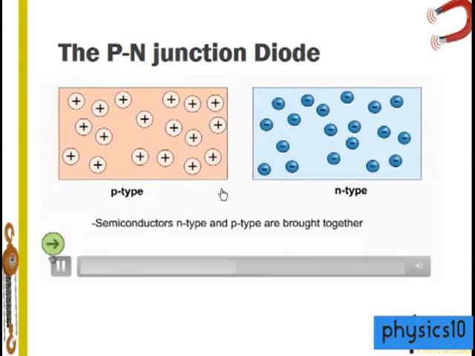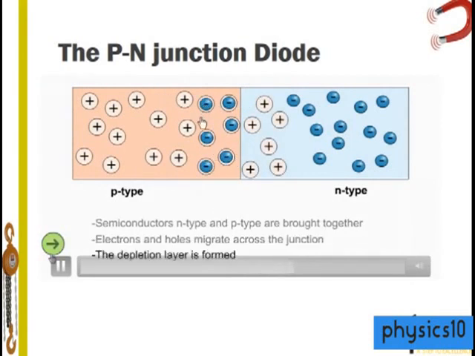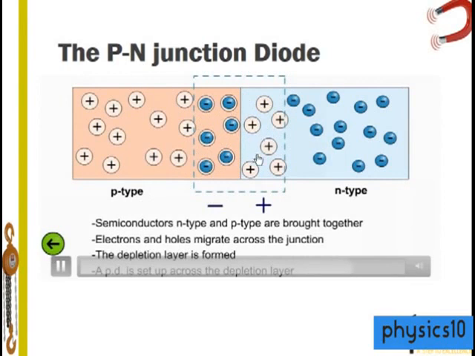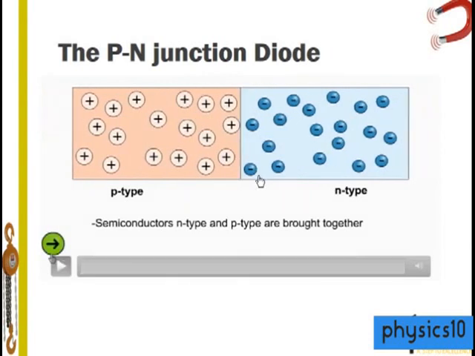Then a potential difference is set up across that junction, because you now have one side of the junction being negative, which is this side here on the P-type, and one side being positive in terms of the charge buildup. That causes a potential difference across that depletion area.